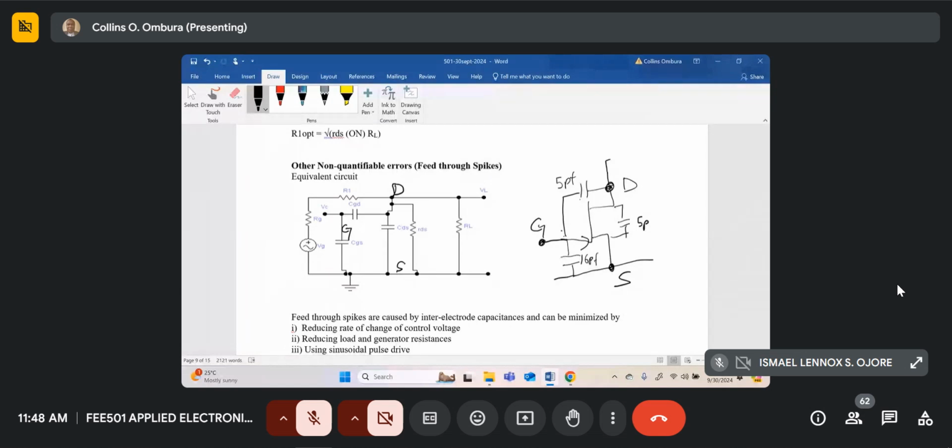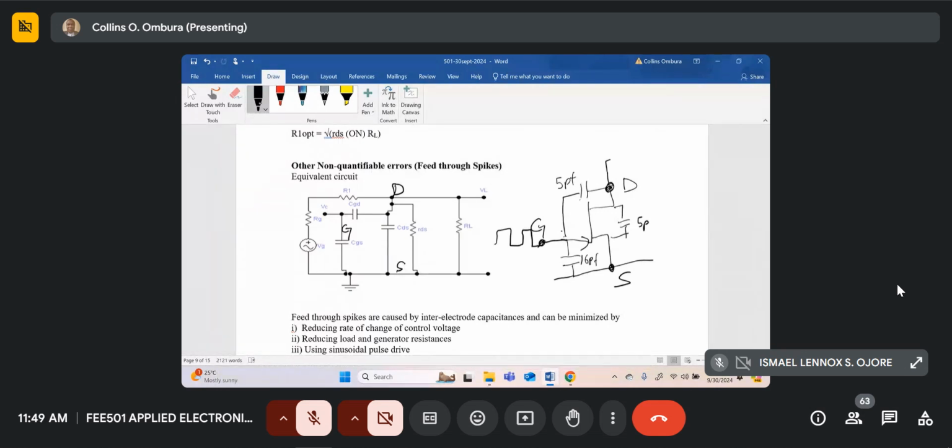Now the problem comes when we use a rectangular voltage to switch the device on and off, on and off. So that's represented by a waveform going to the gate this way.